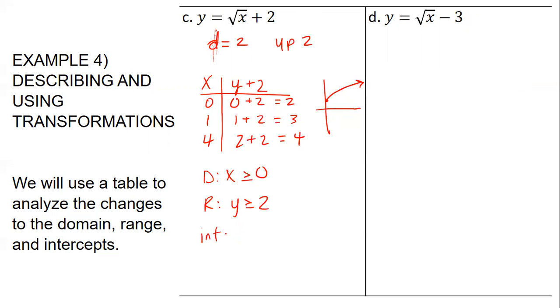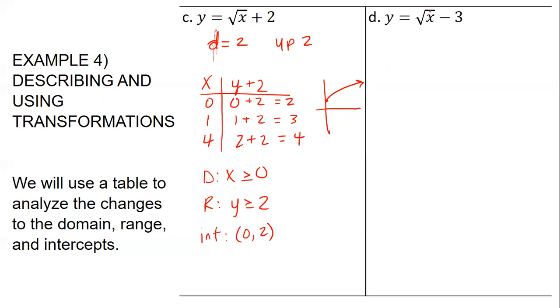Yeah, they did. I no longer have an x-intercept, but I have a y-intercept. And where is that at? 0, comma 2.